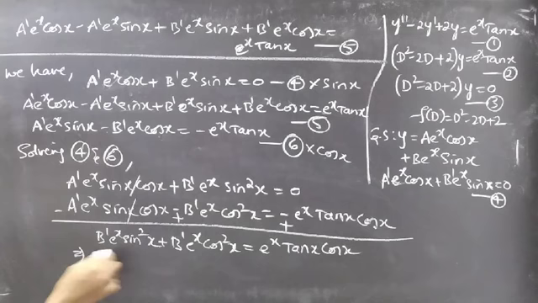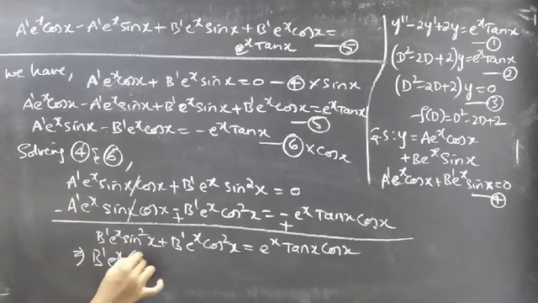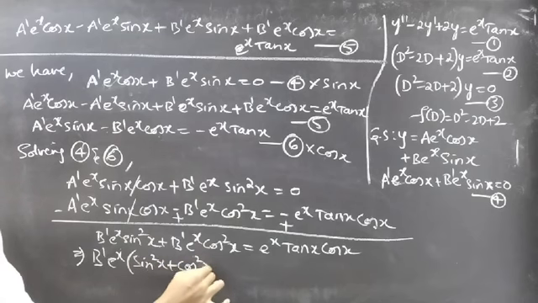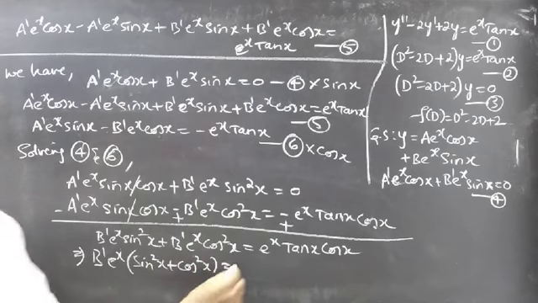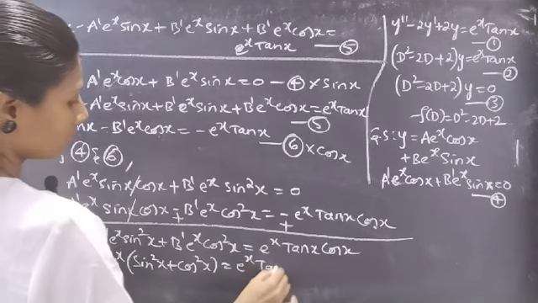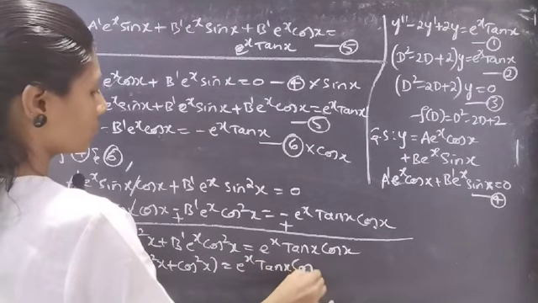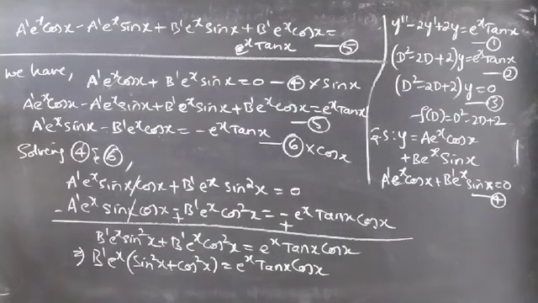Now take b dash e power x common from these two terms. We'll get b dash e power x times sin square x plus cos square x equal to e power x tan x into cos x, right?